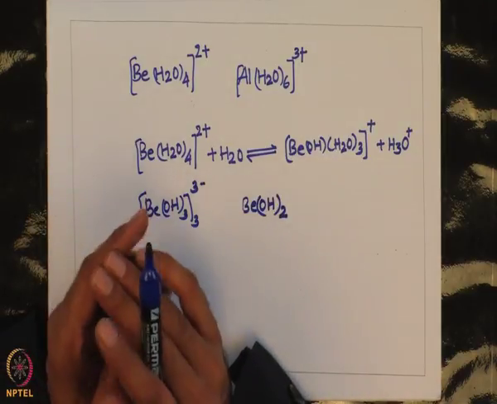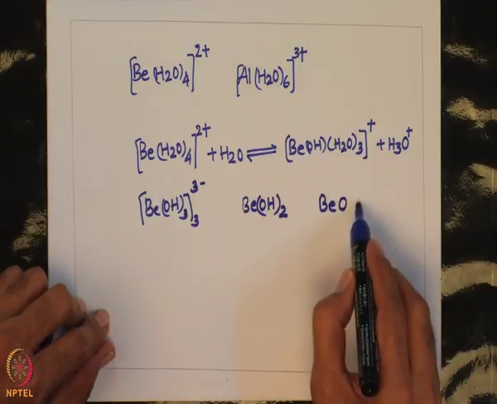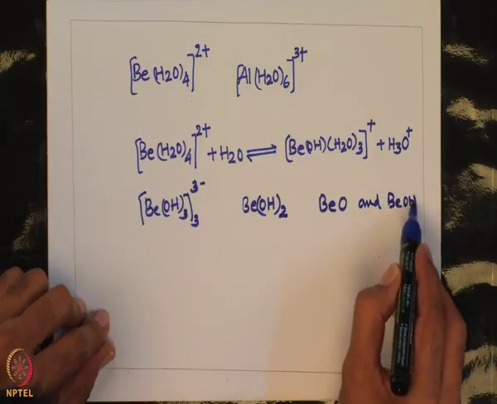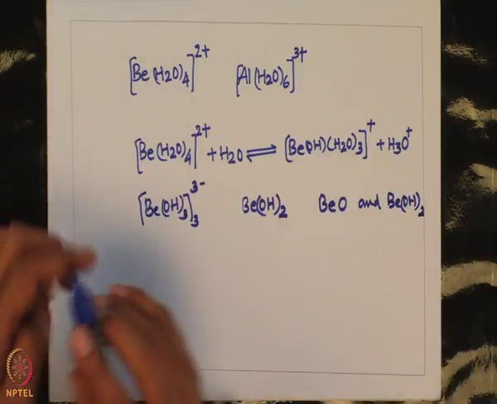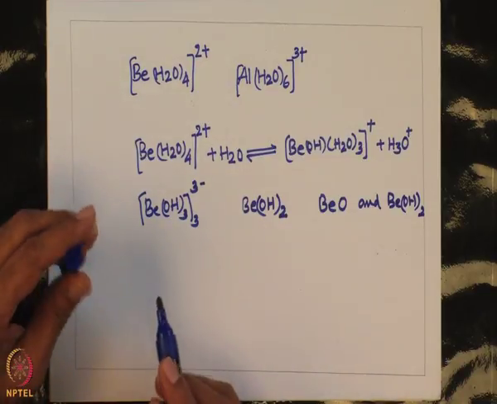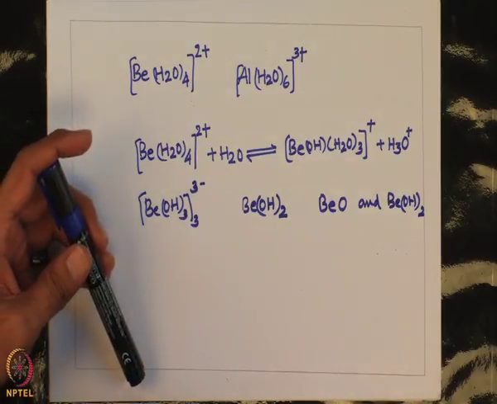In excess hydroxide, BeO and Be(OH)2 dissolve to give the beryllate ion, that is Be(OH)4 2 minus, demonstrating the amphoteric nature of beryllium.